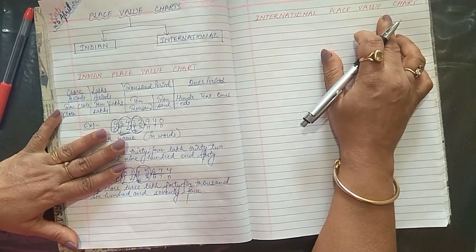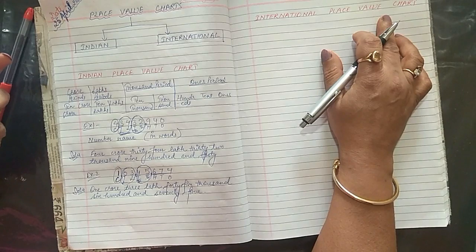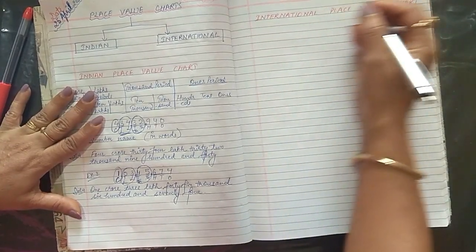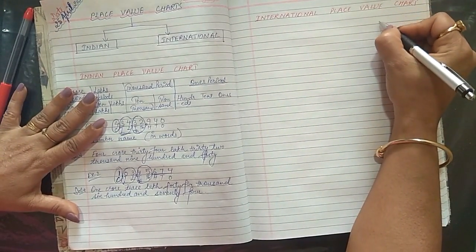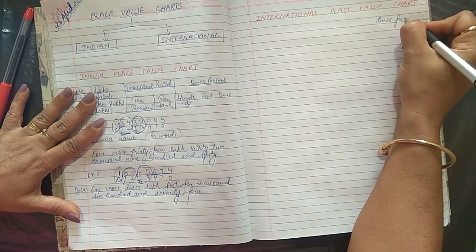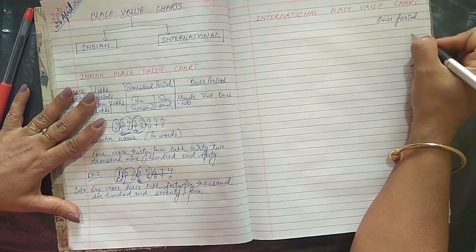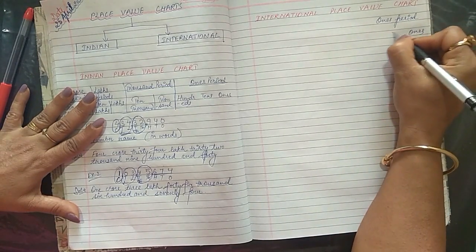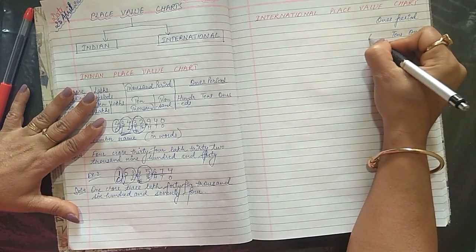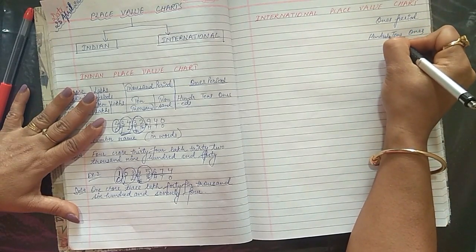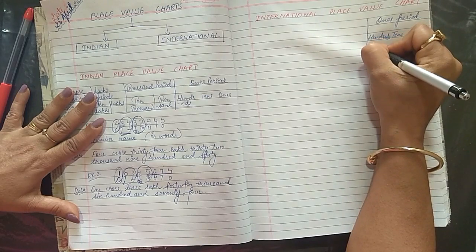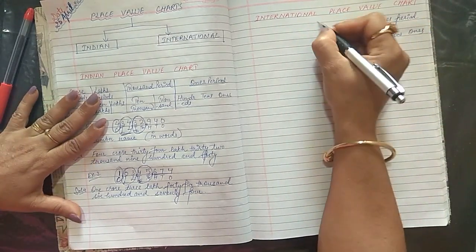Now the next one is international place value chart. International place value chart, it has some different periods over there. So let's write their periods. Ones period, it is like Indian place value chart only, that is ones period, tens period and hundreds period. It is just like Indian place value chart. Now what is different in that?